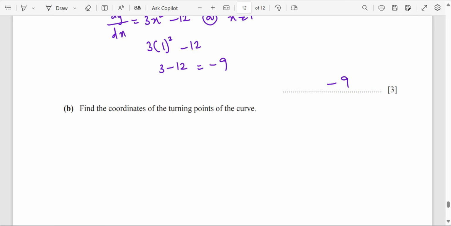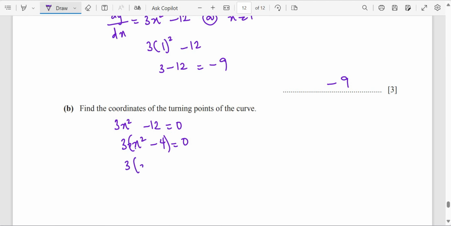Then we're asked to find the coordinates of the turning points of the curve. For us to find the coordinates of our turning point, we equate the gradient, the derivative, to 0. So we have 3x squared minus 12 equals 0. 3 is common, so let me factorize. I have 3 times x squared minus 4 equals 0.